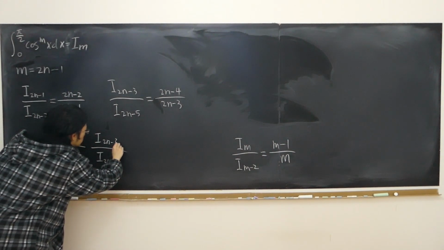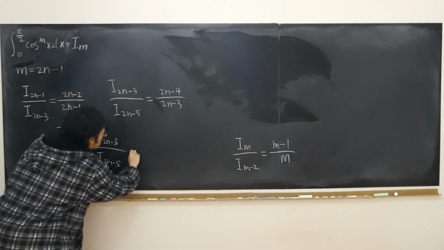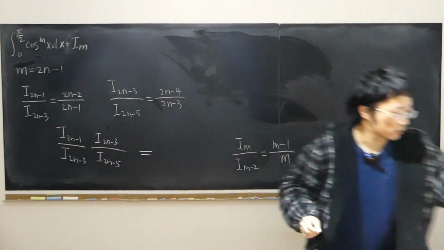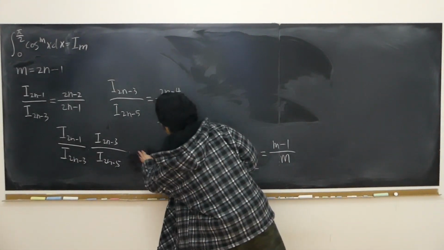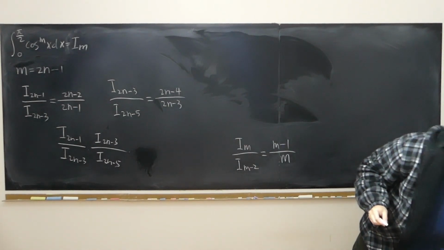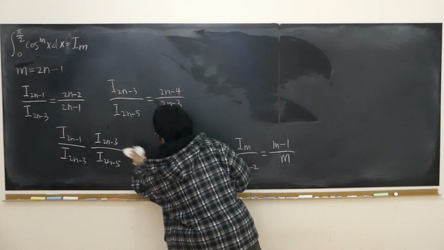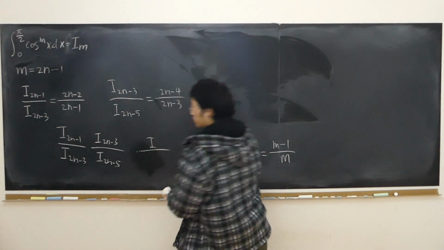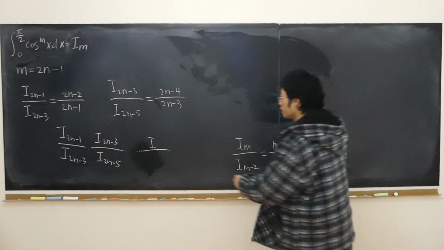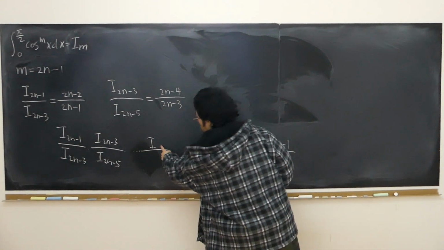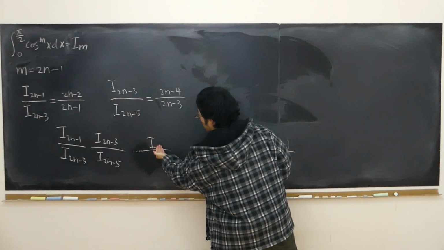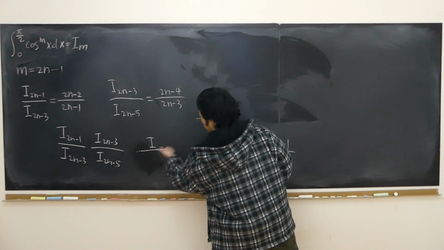Okay, so here, and times all the way times, what's the final term? The subscript of I should be an odd number, right? 2n minus 3, 2n minus 5, 2n minus 7, all the way down to 3.